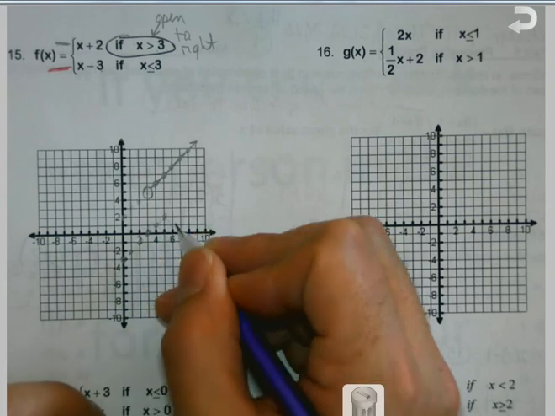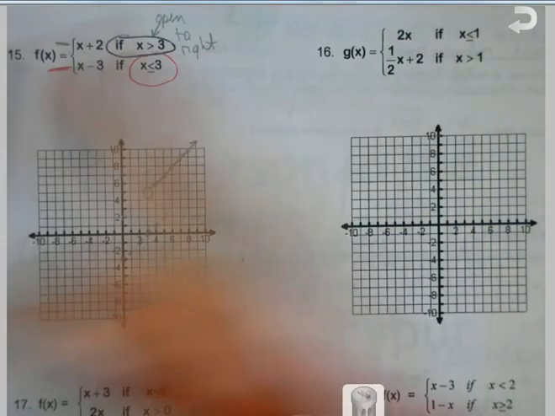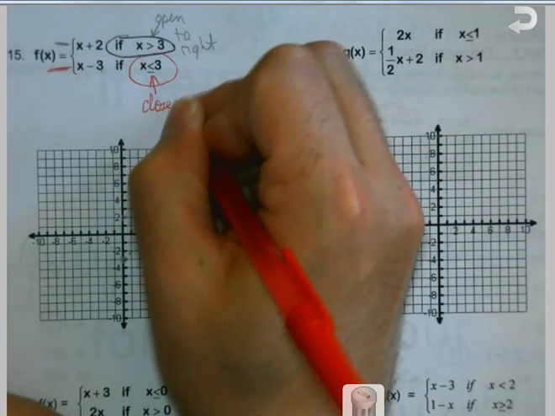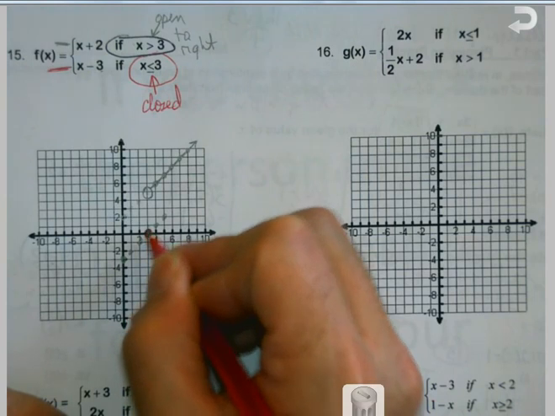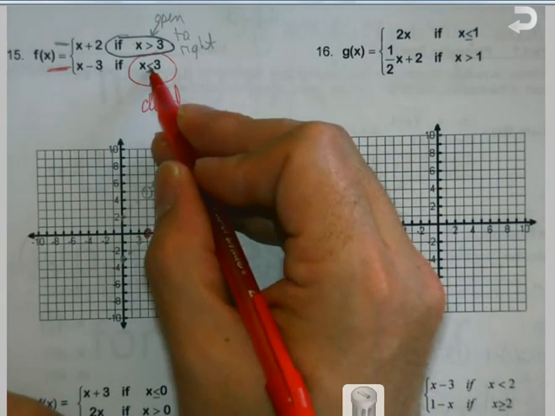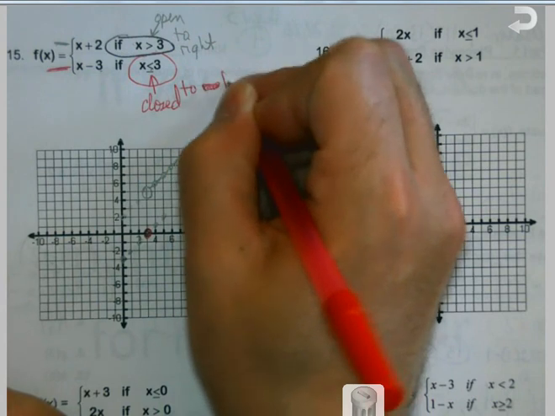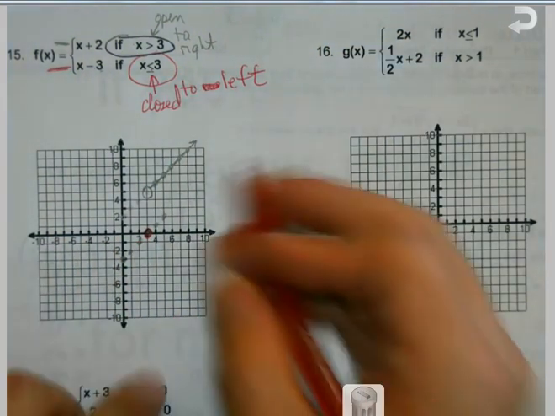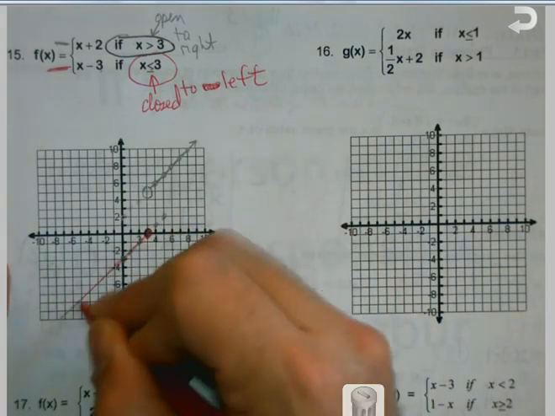Wait a minute, let me think about this. x is less than or equal to 3. Well, I know my dot's going to be closed at 3. Here's 3. Okay, so that dot's closed. But then less than means I'm going to be going to the left, because that's where my values of x get smaller. So I'll connect the dots going to the left.